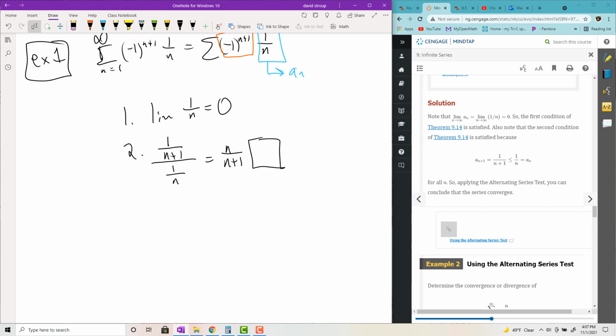This is definitely less than or equal to 1. It's less than 1 for n greater than or equal to 1. So that implies it's decreasing, and therefore these two holding imply that the series is convergent. So hence the series converges.